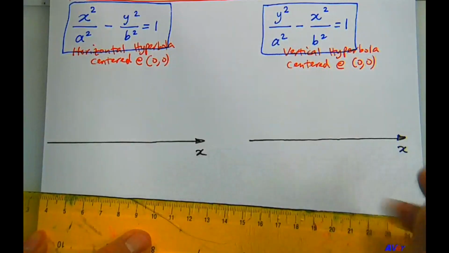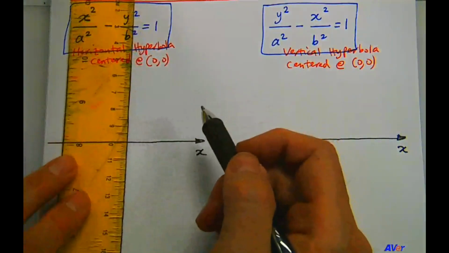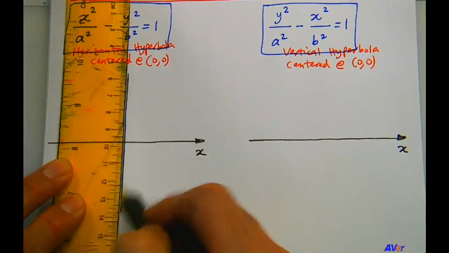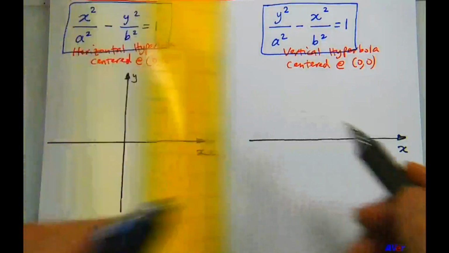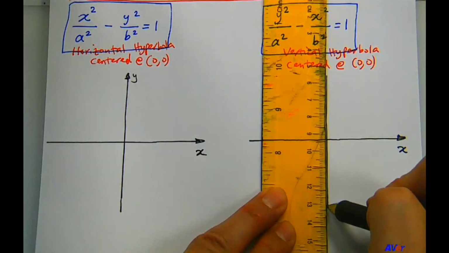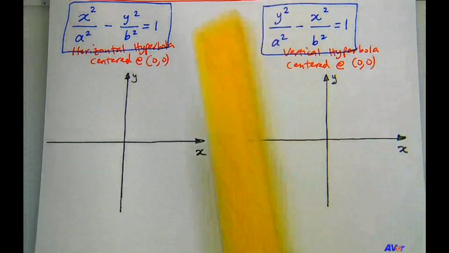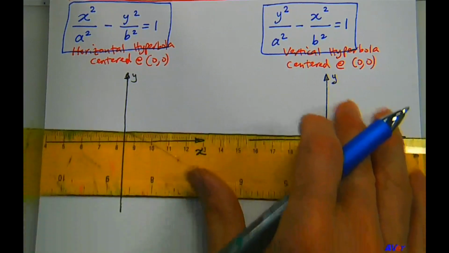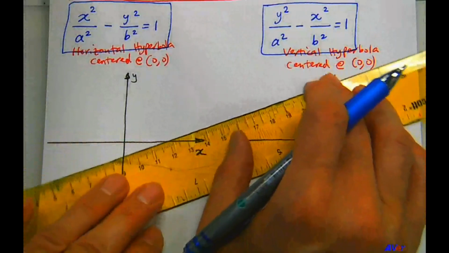Like that. And of course the vertical axis. Like that. And so let me draw what we call the central box. I will talk about what the central box is.